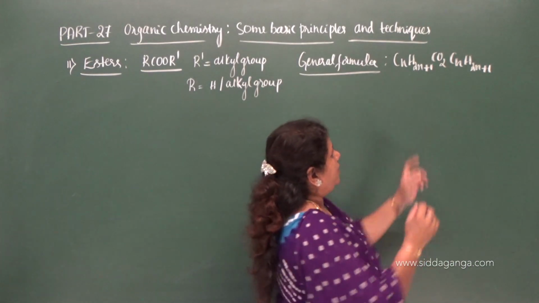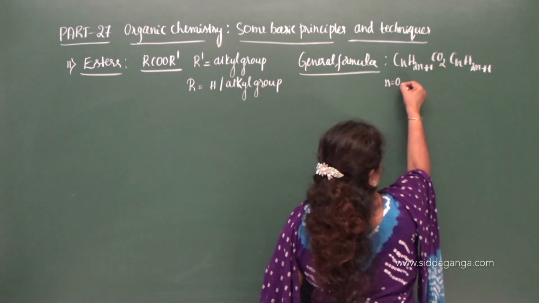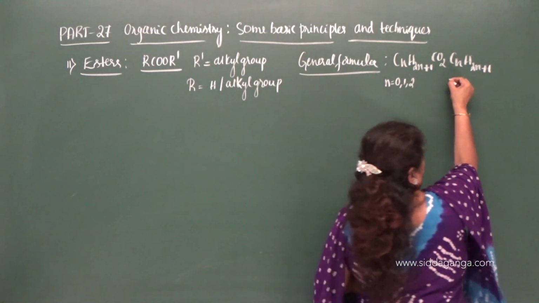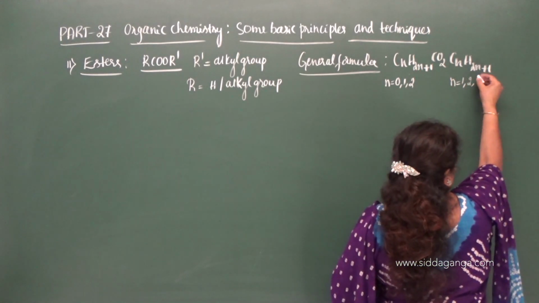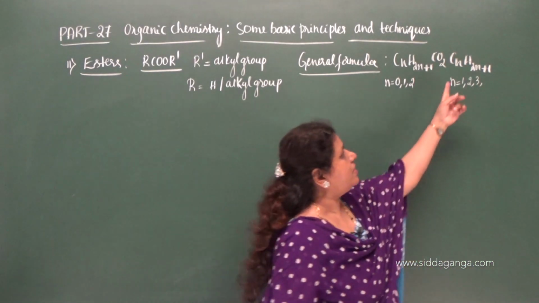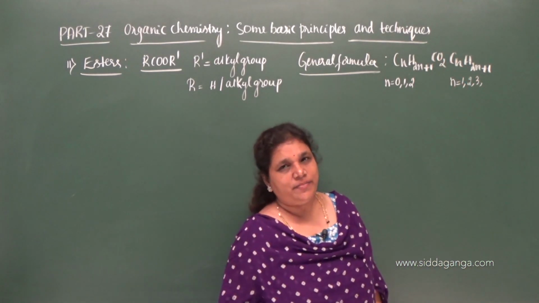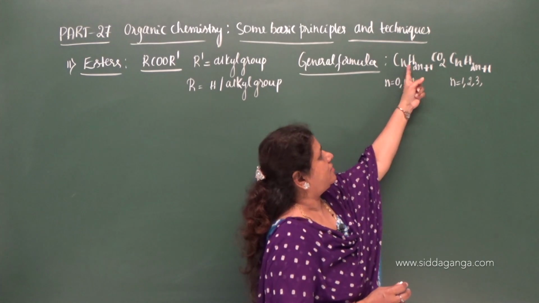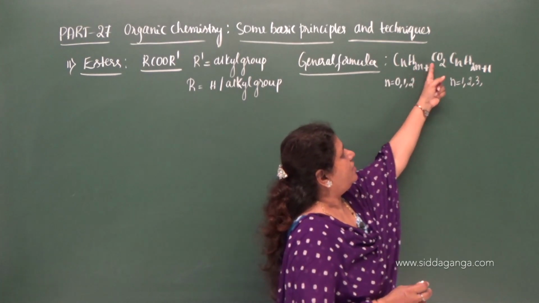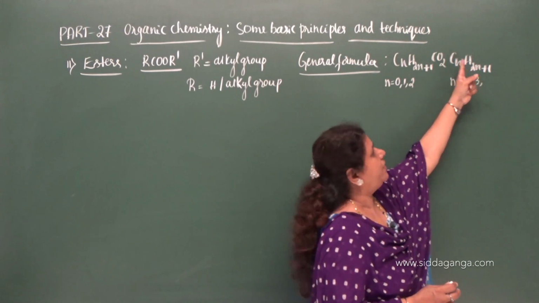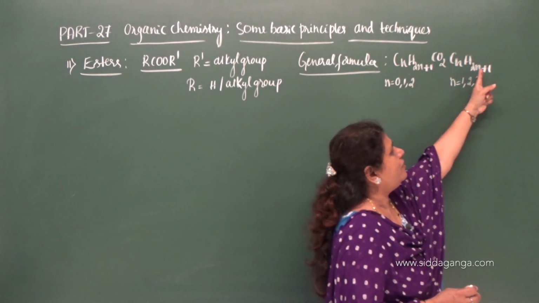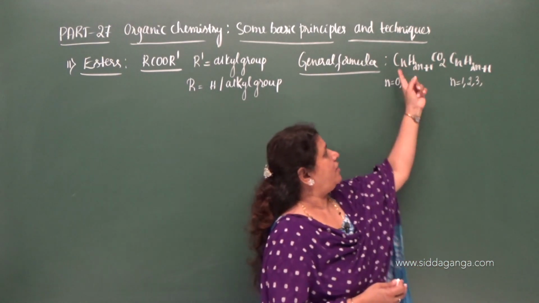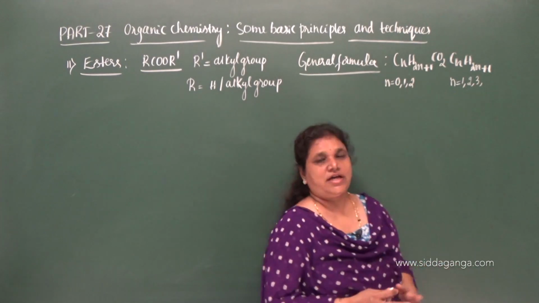Here n can be 0, 1, 2, so it starts from hydrogen, but for R dash, n must be 1, 2, 3. We cannot give 0, because then R dash would be H. If we give 0 on one side and 1 on the other, we get H COO CH3, because C1 H, 2 into 1 plus 1 gives CH3. That will be the first member you get. So here you can start from 0 and there you start from 1.